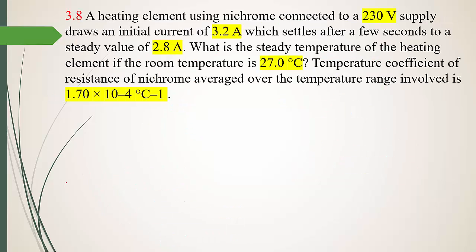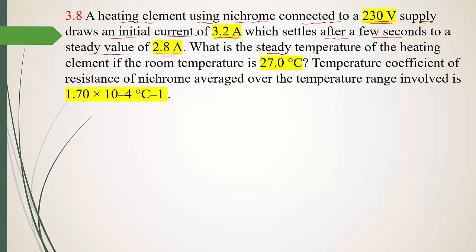Right? Okay, next, the 8th problem. A heating element using nichrome connected to a 230 volt supply draws an initial current of 3.2 ampere, which settles after a few seconds to a steady value of 2.8 ampere.